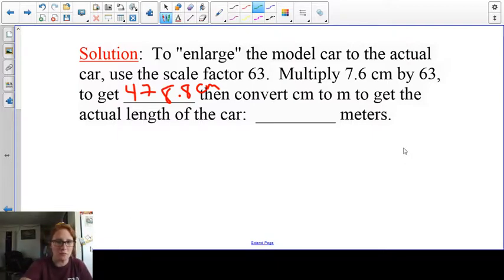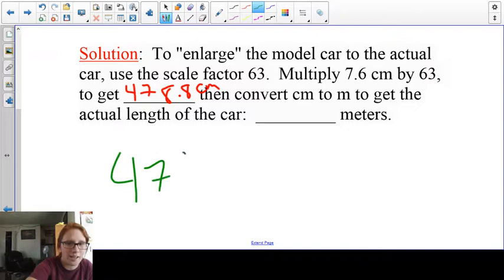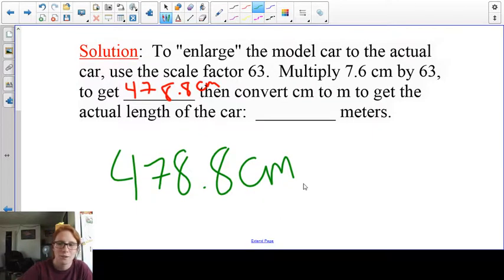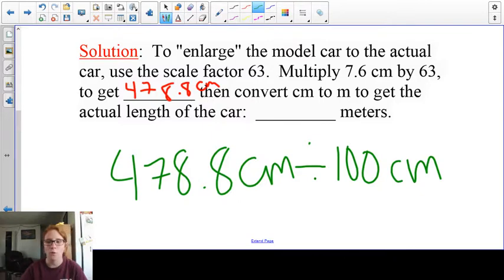So if I have 478.8 centimeters, I want to divide that by 100 centimeters in order to get the number of meters that I have. Which means I have my car being 4.78 meters.